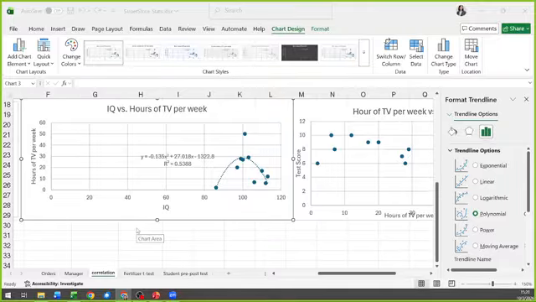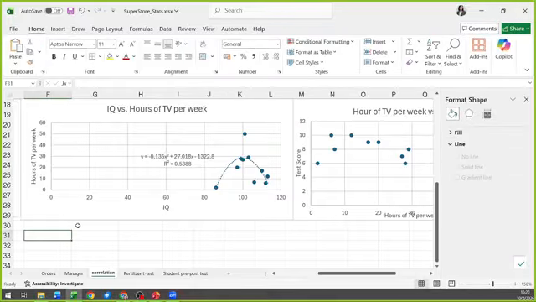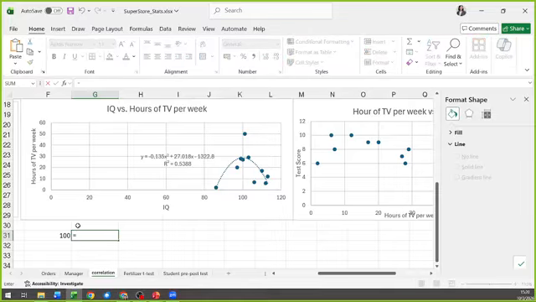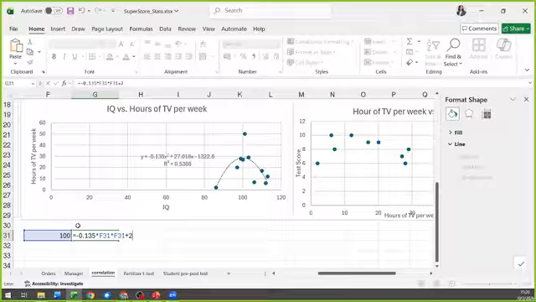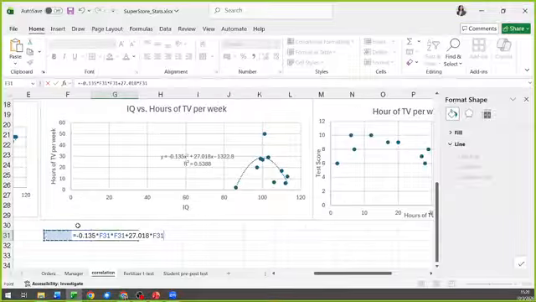Okay, let's see again. If my daughter has 100 IQ, how many hours of TV per week will she use? Let's see. It's minus 0.35 times IQ squared, or you can use power, plus 278 times 100 minus 1322.8.